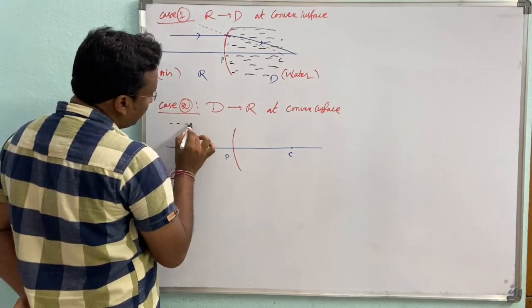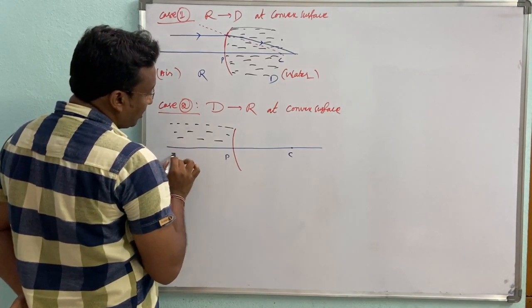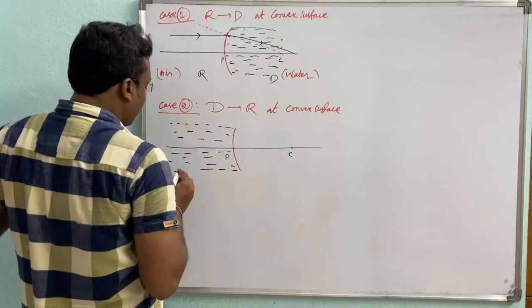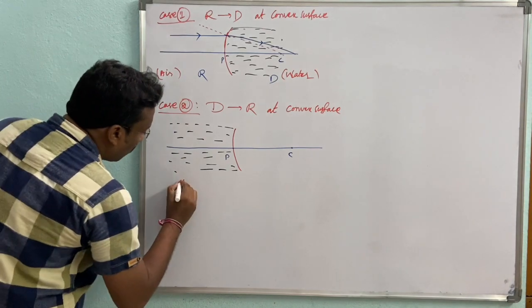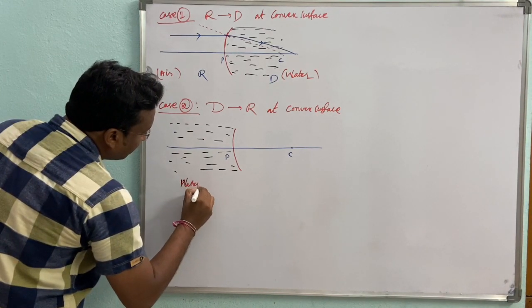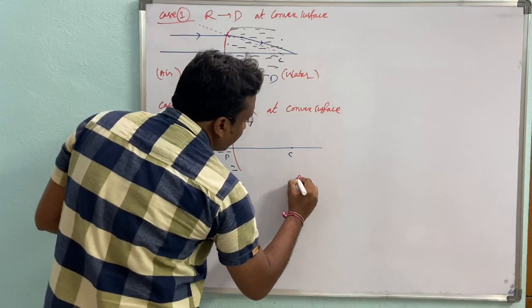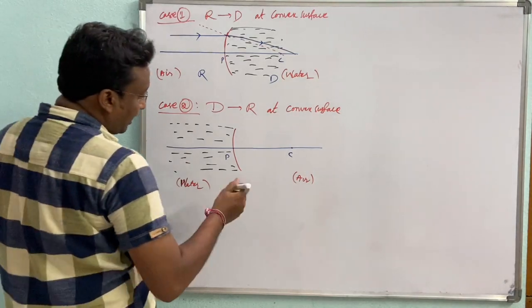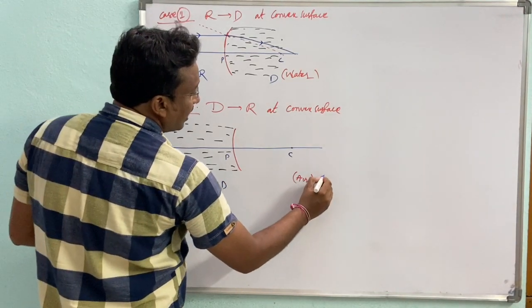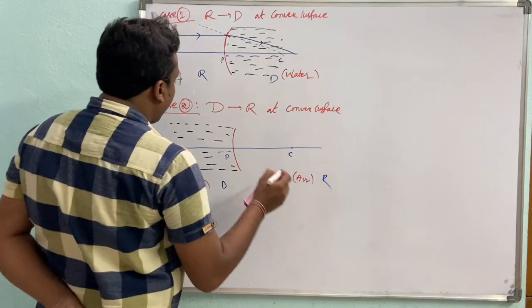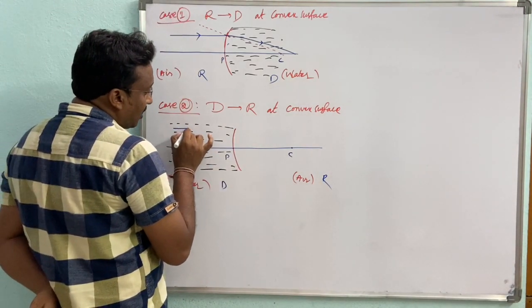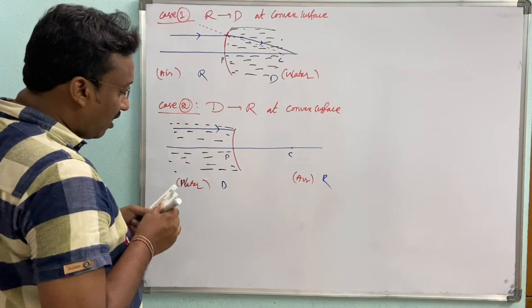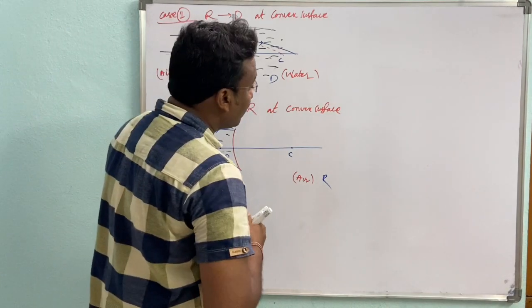Then see here. Let these dotted lines indicate water. Here the medium is water, and here air is the medium. Then this water acts as a denser medium and here it acts as a rarer medium. If the incident ray is traveling from denser to rarer, what happened in the case of plane surfaces?